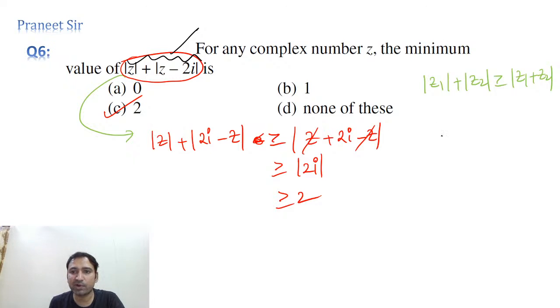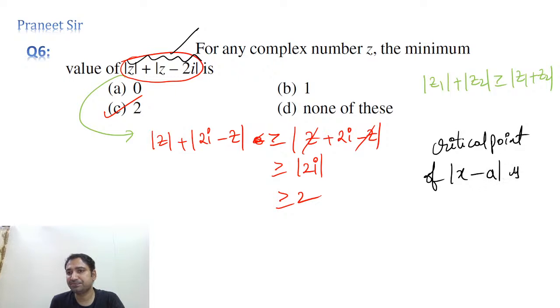What is the critical point of the function mod x minus a? It is x equals a only. Why? Because at x equals a, the modulus function is non-differentiable, since the slope changes suddenly.